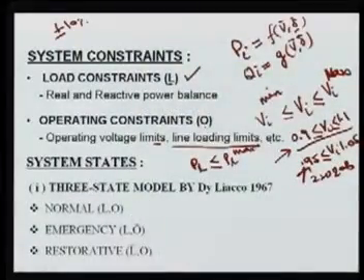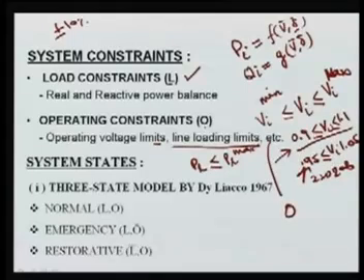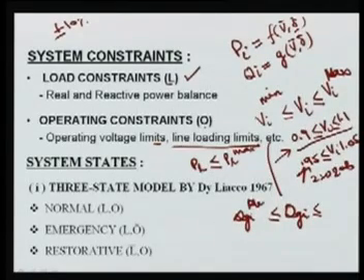Other limits are also related, that we can have the limits on the real power generation. We can have the limits on the reactive power sources, that is the reactive power generated at any ith bus, which should be well within limit: QGi minimum value, and it should be less than QGi maximum value at that bus. So here reactive power generation should also be well within limit.